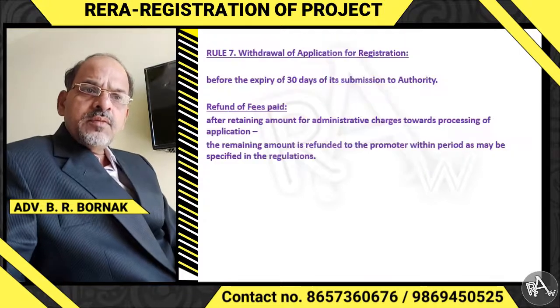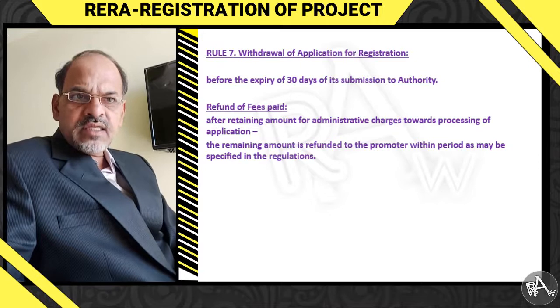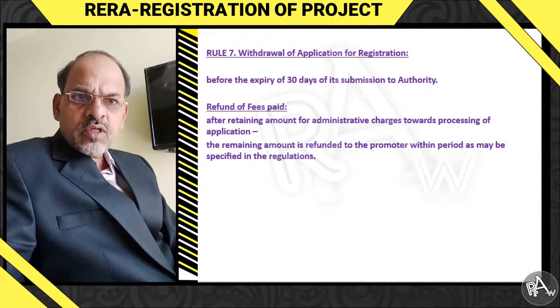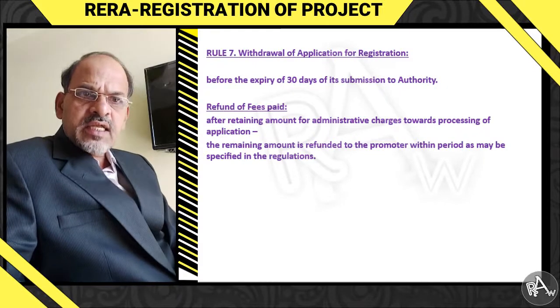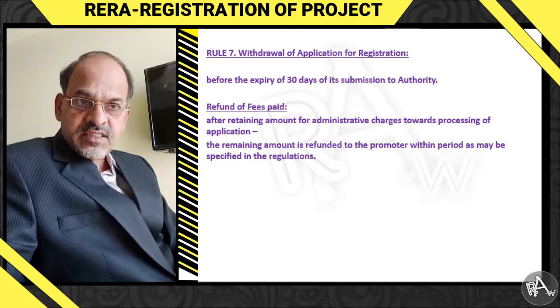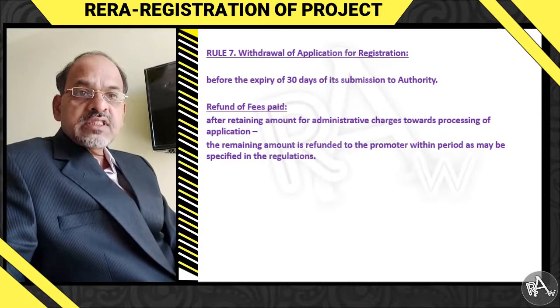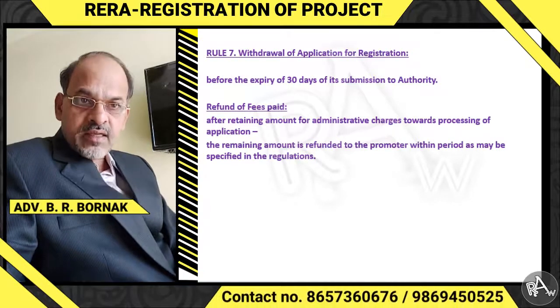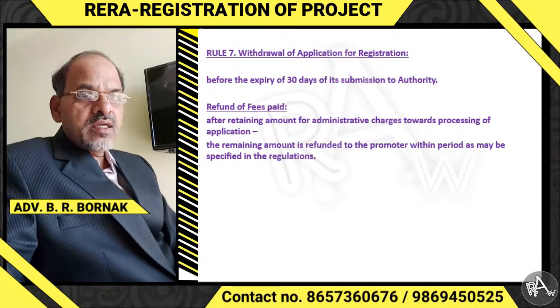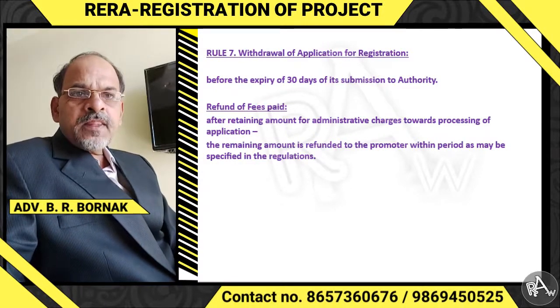Now, if the promoter has submitted the application and all documents, and has paid fees also, but at some later stage wants to withdraw the application for registration, what are the provisions? They are mentioned under Rule 7 of the rules framed by the Maharashtra government on 21st April 2017.